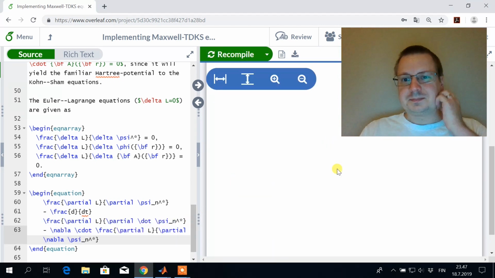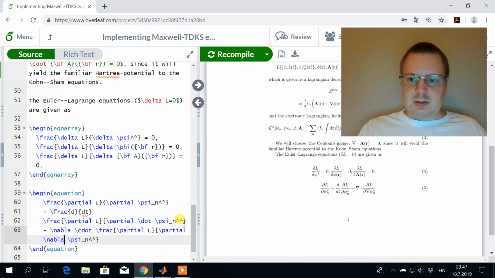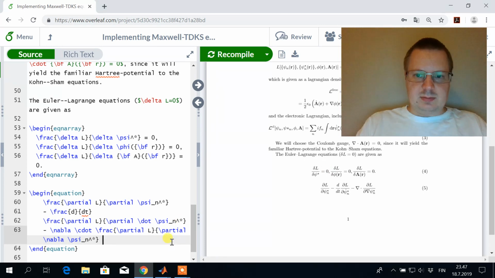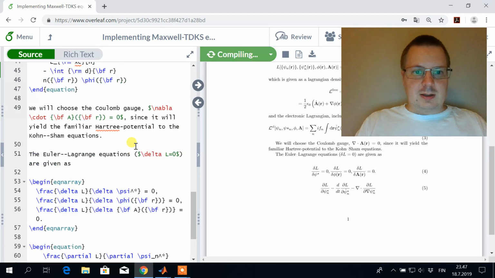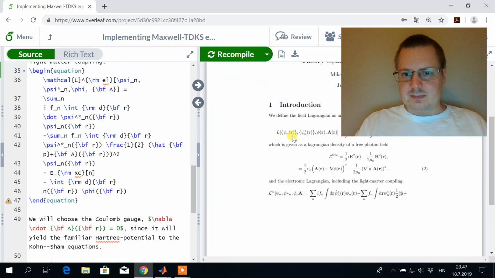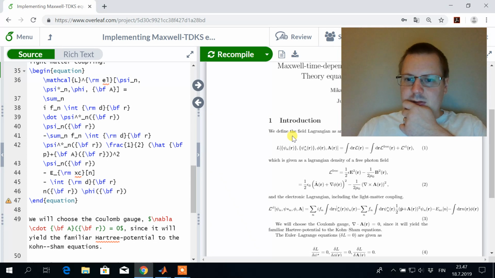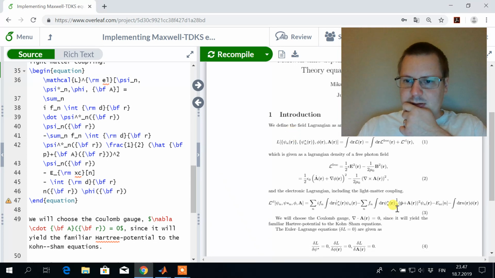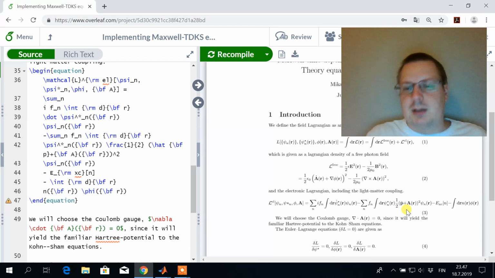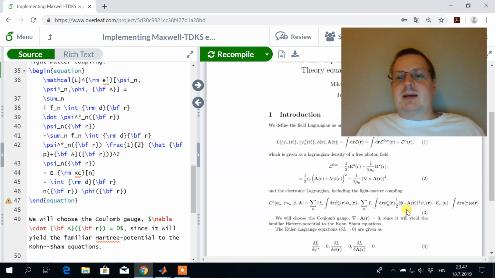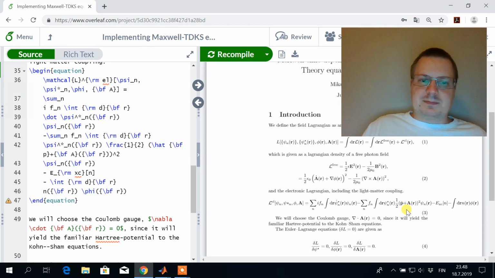So this is the Lagrange equation, and now I actually, instead of having the potential energy here, I think I would rather write it as a kinetic energy density.